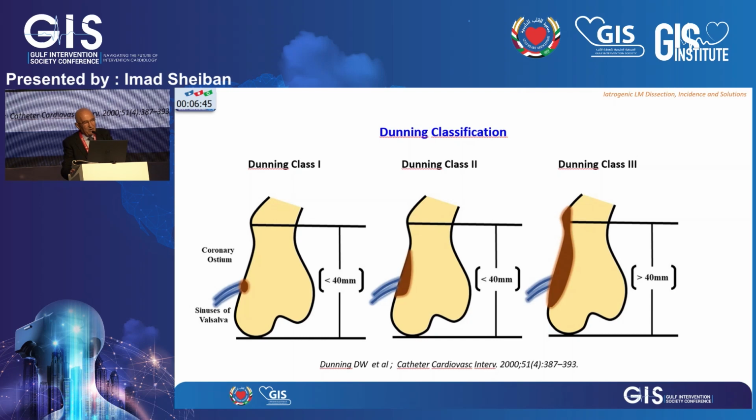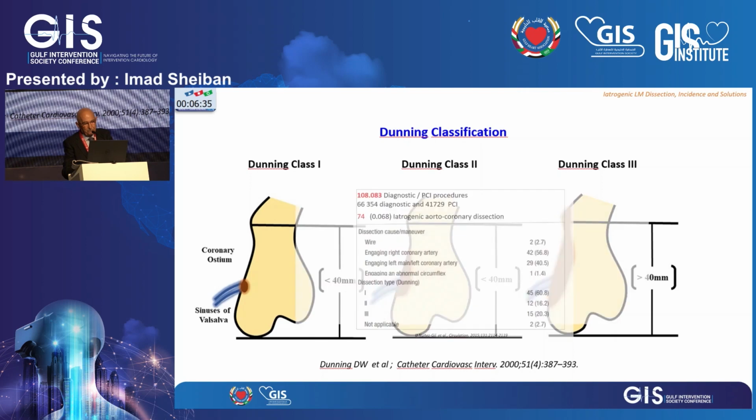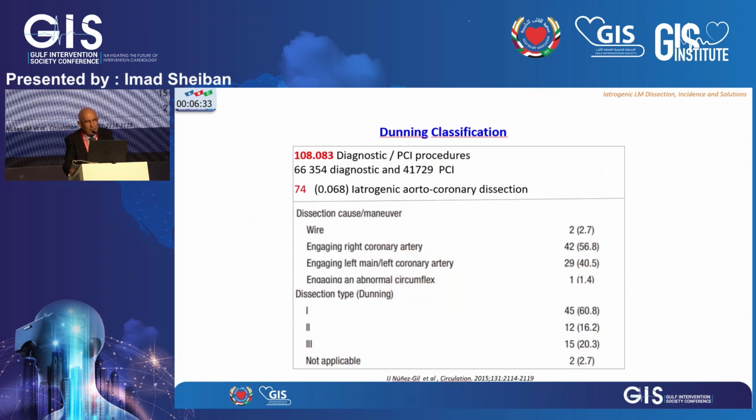Class 1, class 2, and class 3, as you can see, accordingly to the extension of dissection on the aorta. And you can see from this very large cohort, the extension to the aorta is very rare.